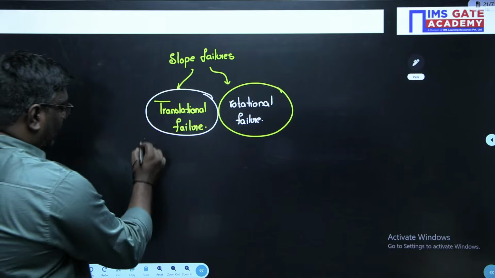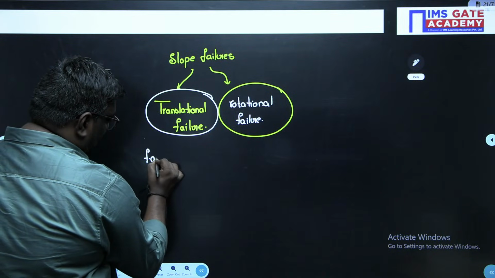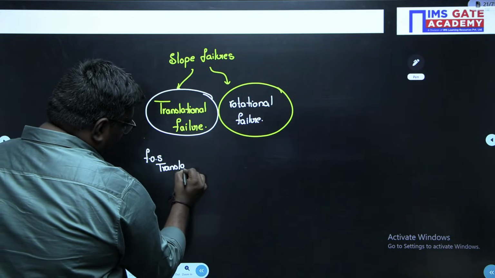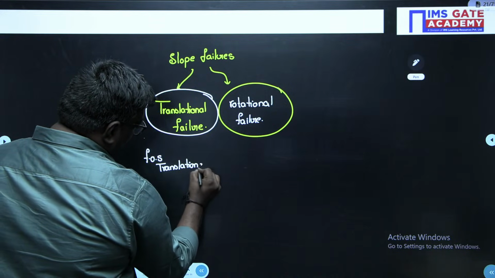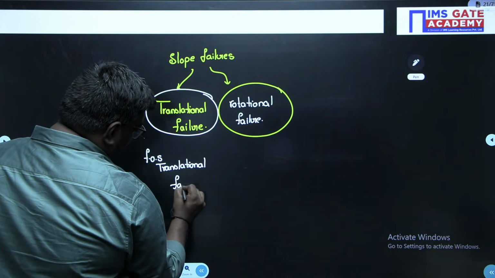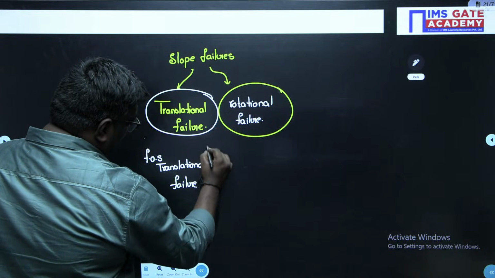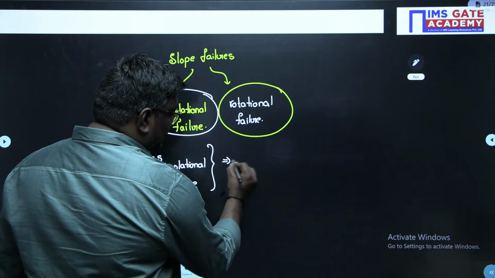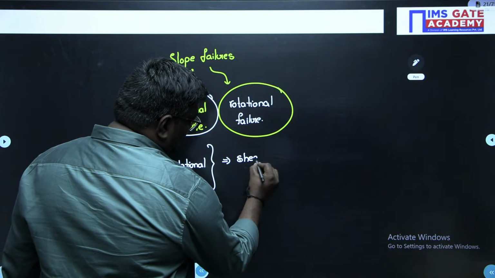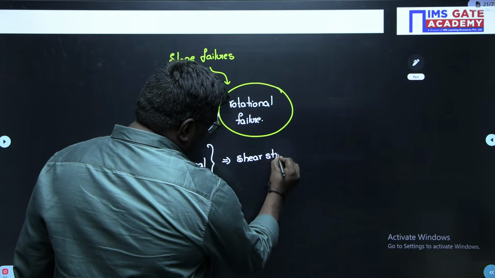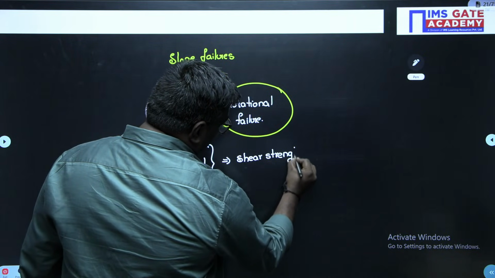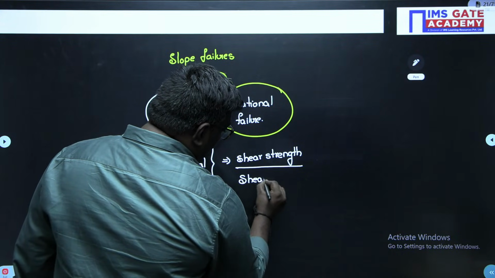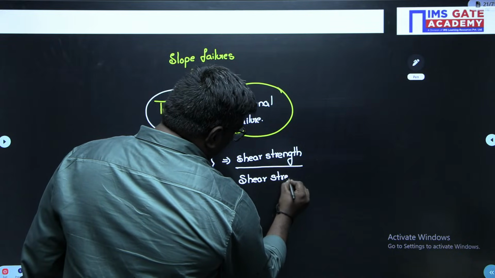When I talk about factor of safety for translational failure, it is nothing but equal to shear strength upon shear stress. And you already know that shear strength depends upon the effective stress.